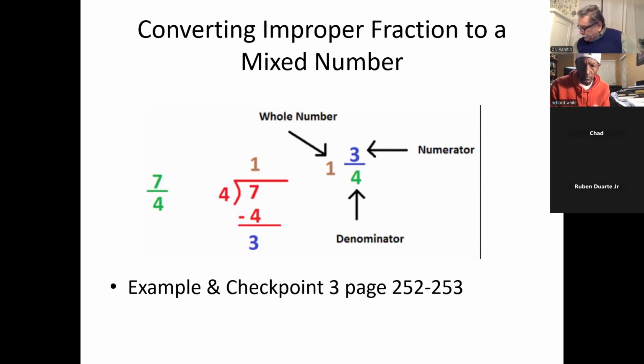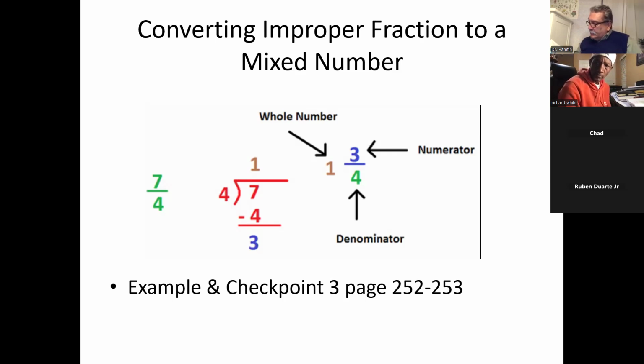The quotient becomes the integer, so it becomes 8, and the remainder becomes the numerator. So 42/5 is the same as 8 and 2/5.